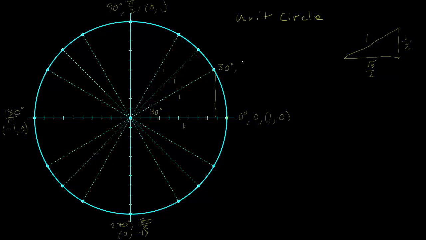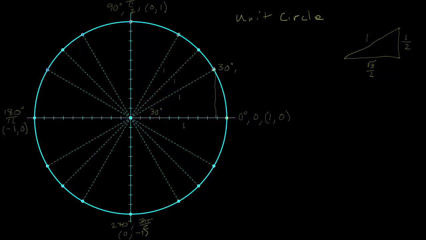Now, the angle in radians, notice over here it's pi radians, and 180 divided by, there are 6. Let me just draw some points here. I'm dividing that half circle into 6 equal pieces.